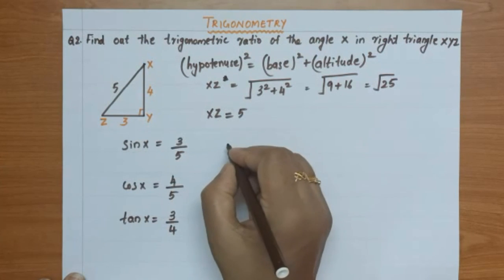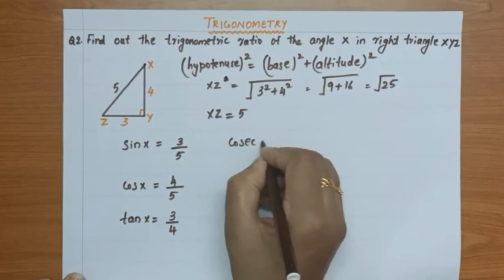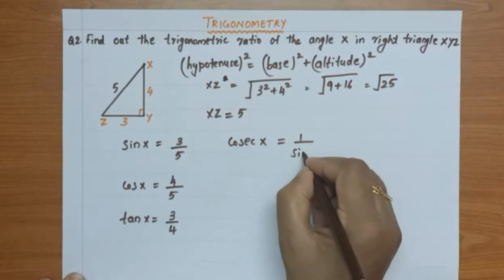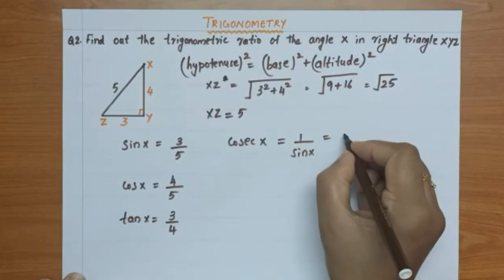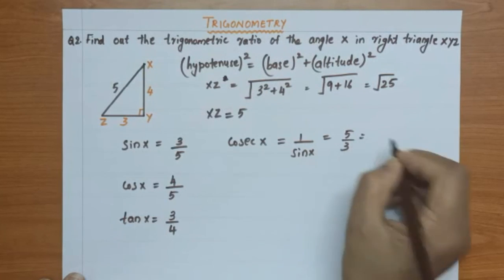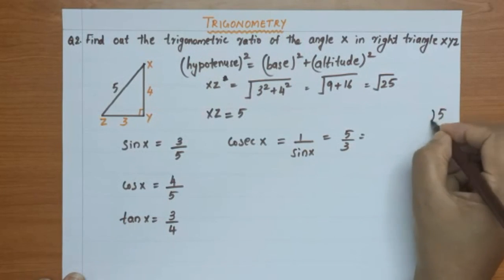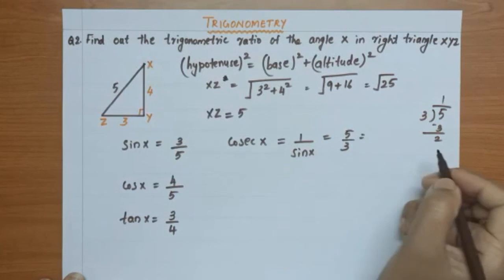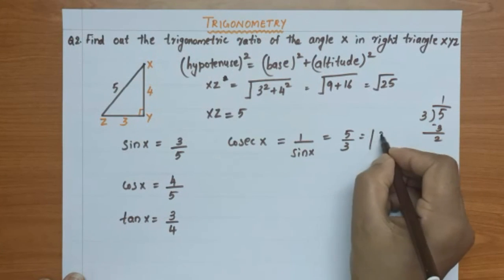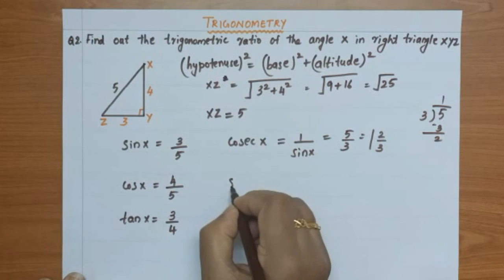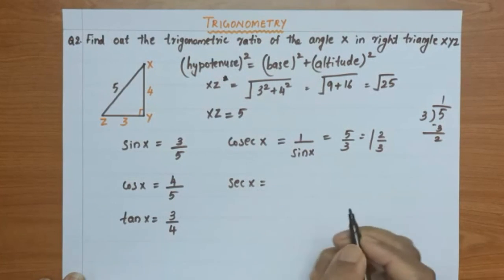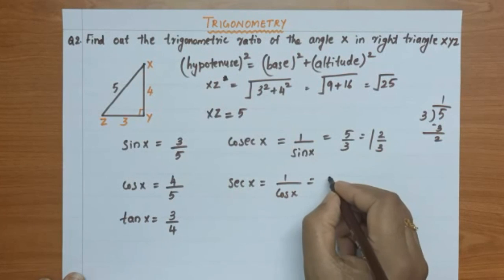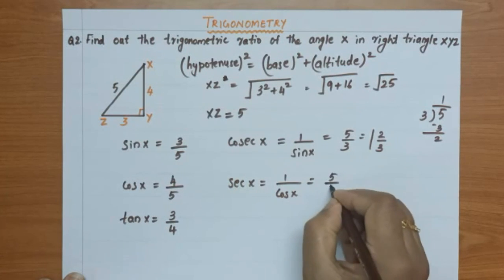Then we have to find out cosec X. Cosec X equal to 1 by sin X. That means 5 by 3. When the numerator is big, we can divide and write it as a mixed fraction, 1 and 2 by 3. Then sec X equal to 1 by cos X, means the inverse of cos X, that is 5 by 4.